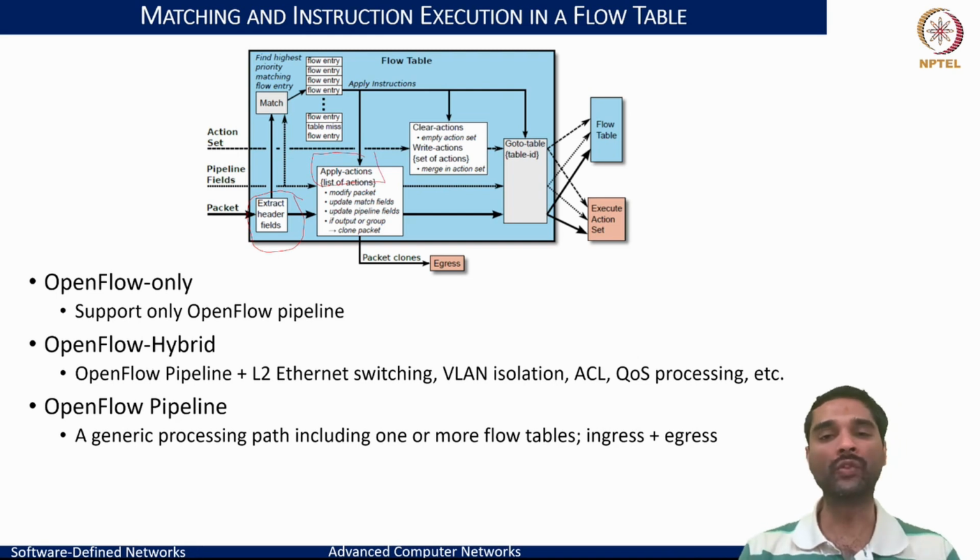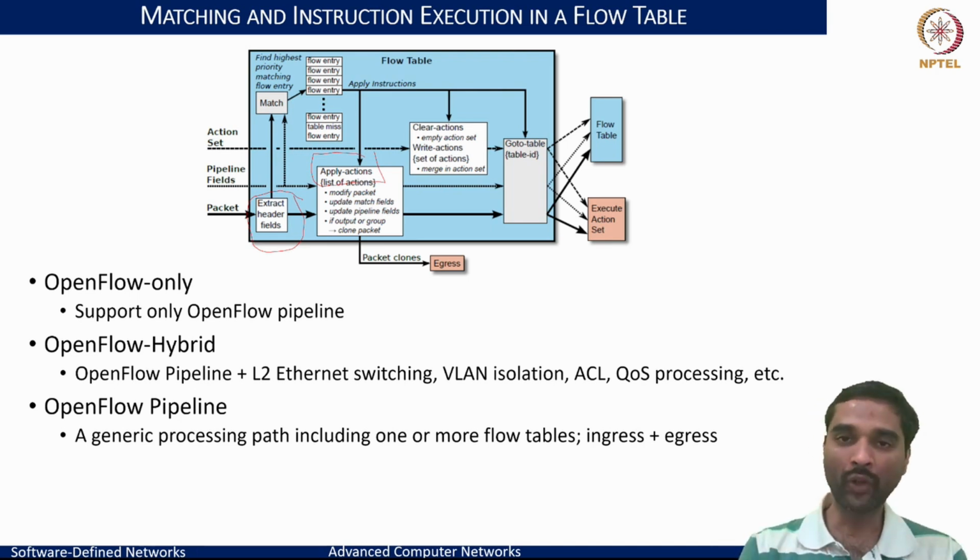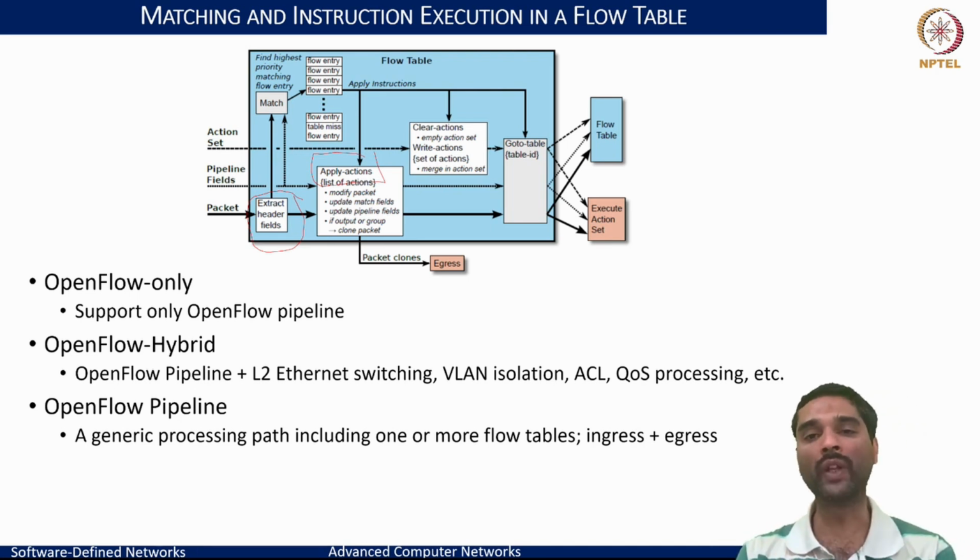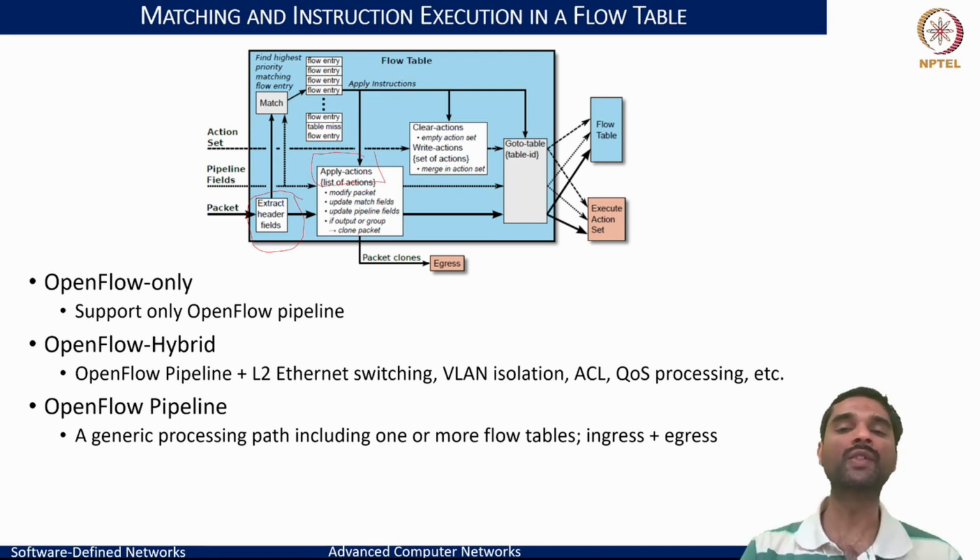And these could be like modify the packet, update the packet, or even drop the packet, and so on. And if there is also a set of actions that you would want to take later, like clear actions, like if you want to empty the action set, that can be done through clear actions as an action type. And once you empty, you would want to do some normal common processing with respect to some specific table.